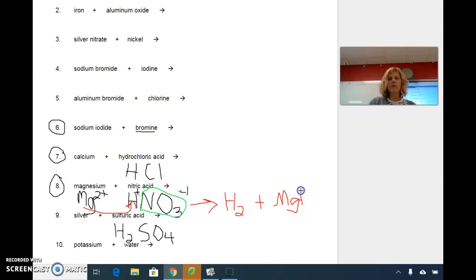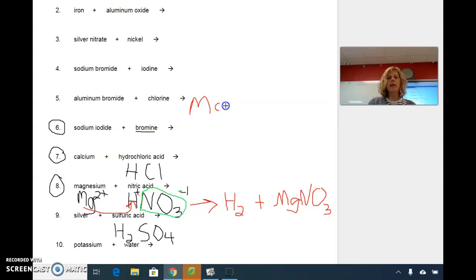I am writing with my mouse, so I think I have skills, but not so much. The Mg NO3, but I do know, so Mg, and I can use the crossover method. I'm just going to write it up here really quick.